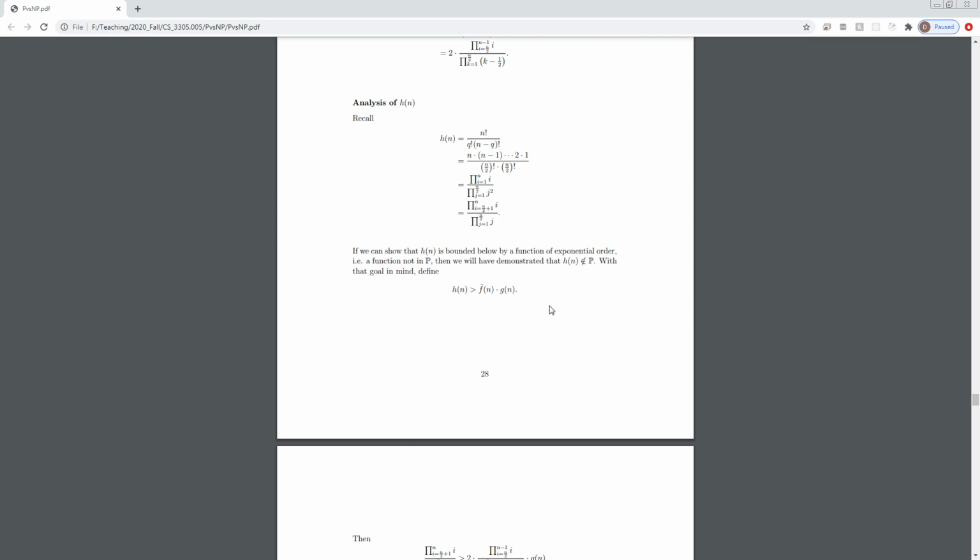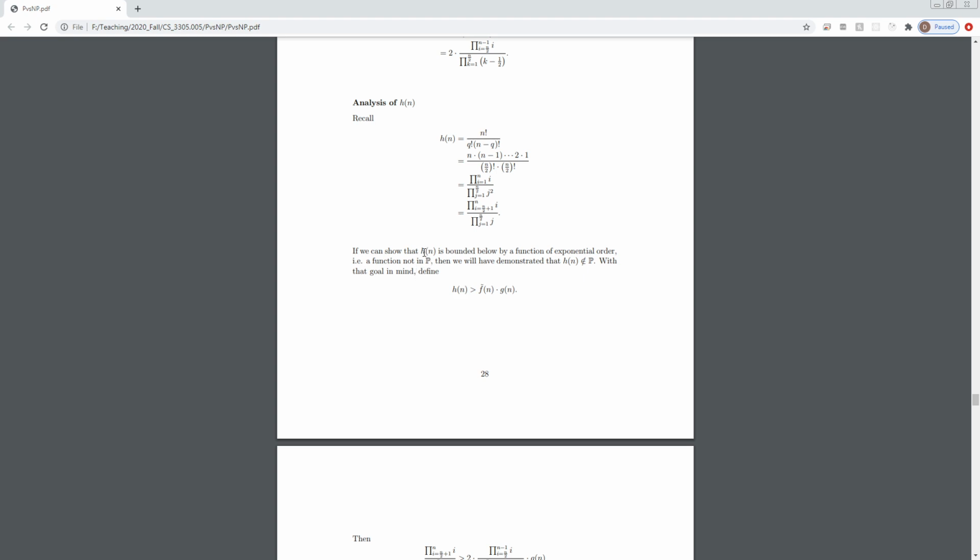We'll have shown the distinction between the set of polynomial problems, the set of problems that can be solved in polynomial time, and the set of problems that can be verified non-deterministically in polynomial time.